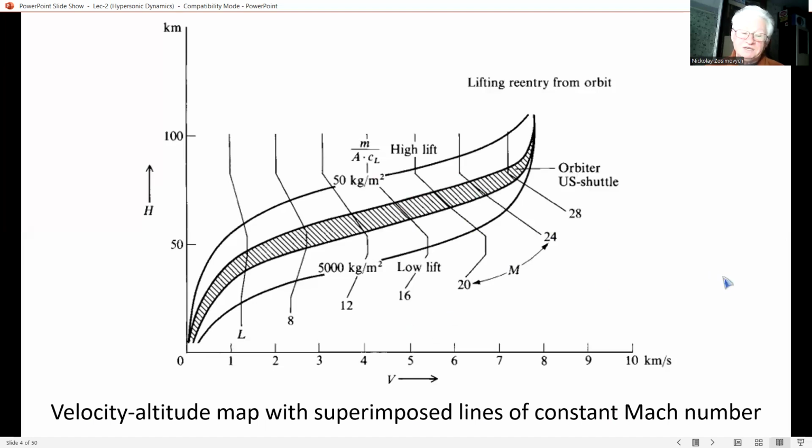The purpose of this figure is to emphasize the obvious fact that such hypersonic vehicles encounter exceptionally high Mach numbers. Moreover, the flight path remains hypersonic over most of its extent.